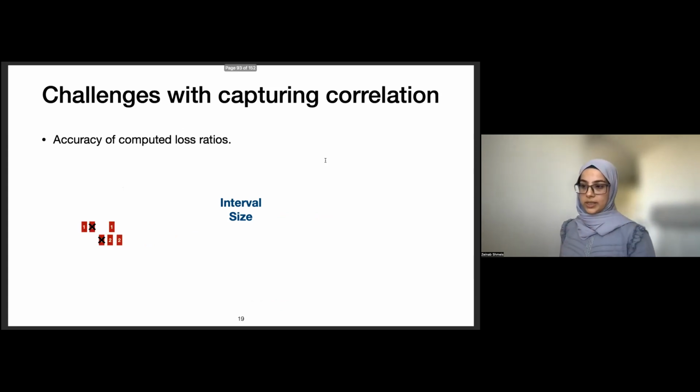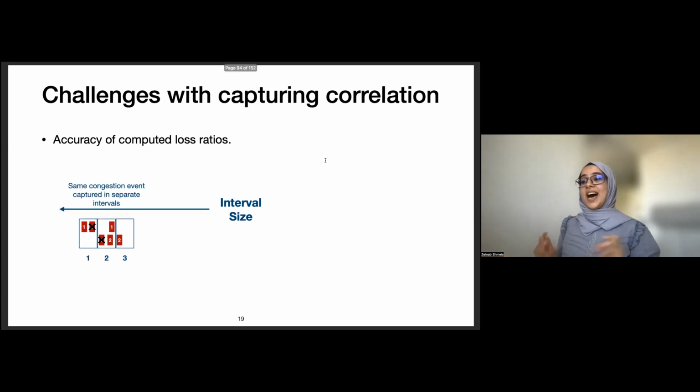The first one is: assume we send the packets and these two packets got lost because of the same congestion event. But I set my interval size too small, so that these two packets were in separate intervals. And my judgment here will be, oh, in interval 1, path 1 was congested while path 2 wasn't, and in interval 2, path 2 was congested while path 1 wasn't. And this will lead to uncorrelated behavior.